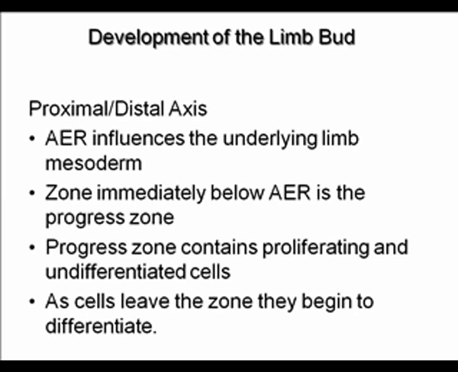So there's a progress zone that develops. And in that progress zone, there are proliferating and undifferentiated cells, and that's a necessary zone for limb development. As the cells leave that progress zone, they will then begin to differentiate.